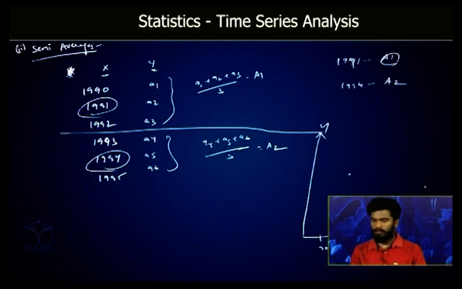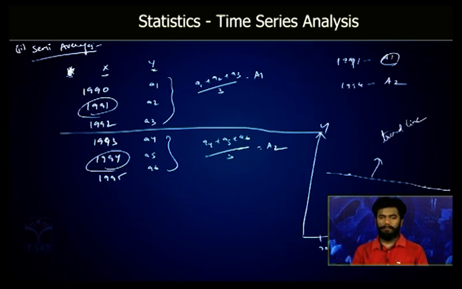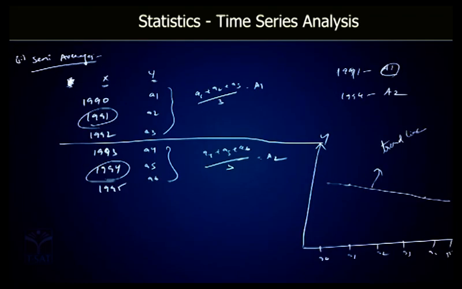So I will draw a line joining these 2 points. Now this is called the trend line. So that's how we calculate the semi-averages method. Just remember the procedure, that's it.